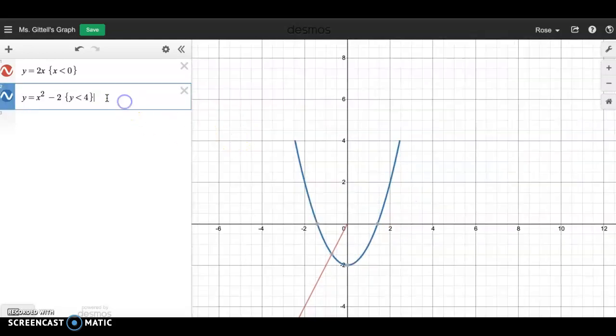So originally we had the whole function, just the normal function for all x values and for all y values, and then we restricted the range. So we said we only want the function to exist for y values that are less than 4.